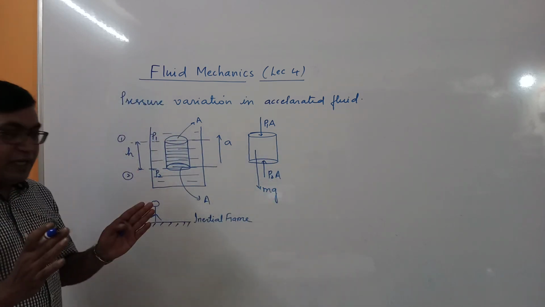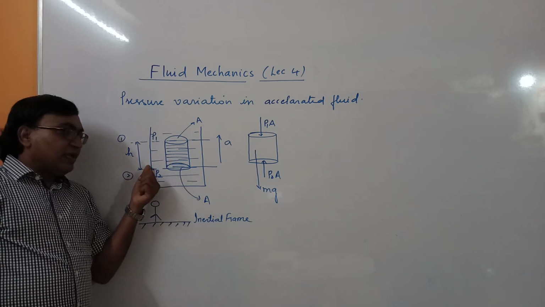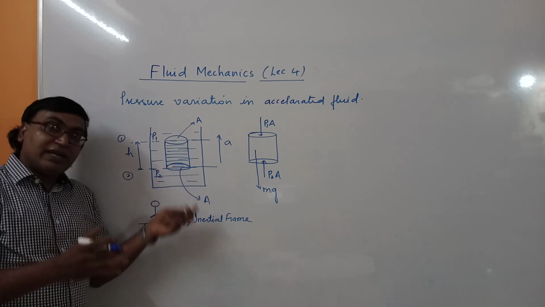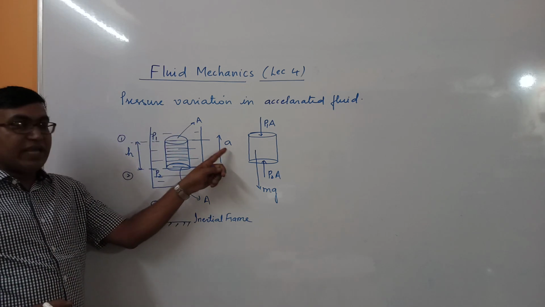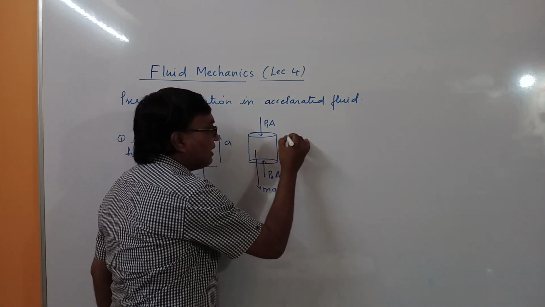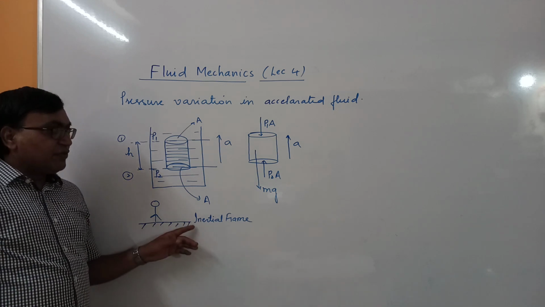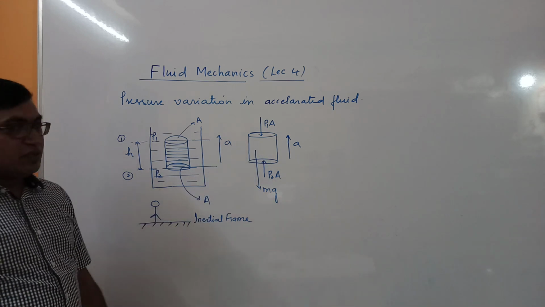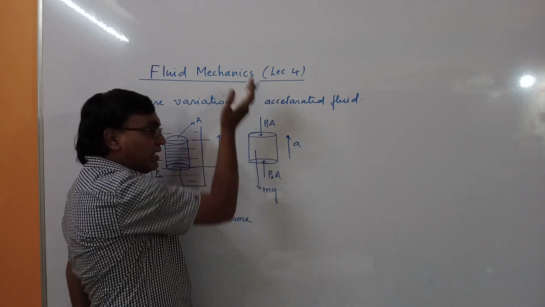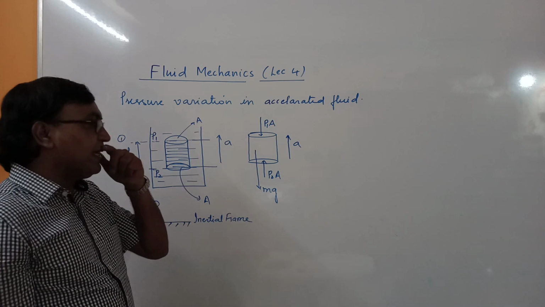Now we are observing this fluid from the ground frame. The container is accelerating and the fluid inside the container is also accelerating with acceleration A, so from the ground frame we will see this acceleration equal to A. From this frame there must be a net force on this fluid. The net force must be in the upward direction because it is accelerating with acceleration A in the upward direction.